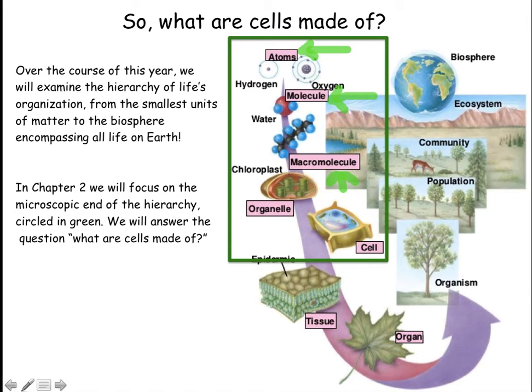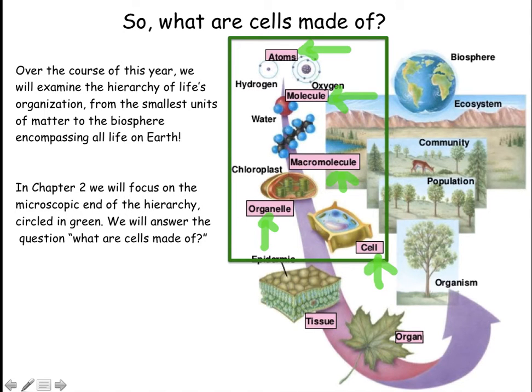And that these macromolecules can be put together to build all of the little parts of the cells. These cell parts are called organelles. And you need many types of organelles to make one complete cell.